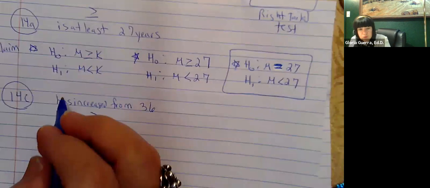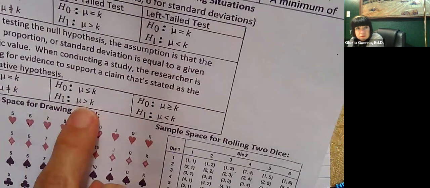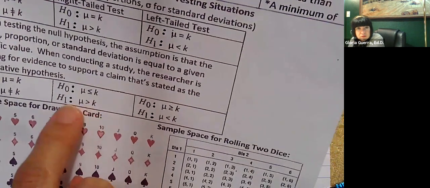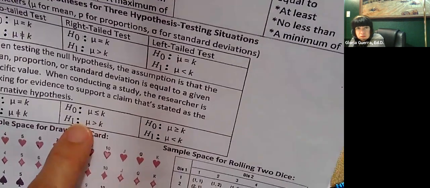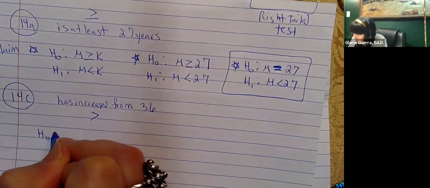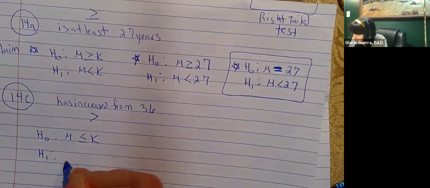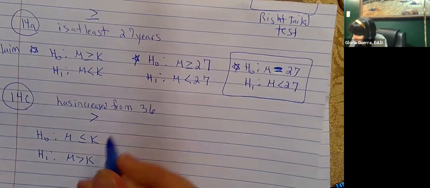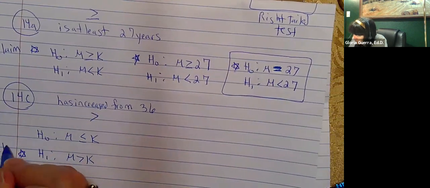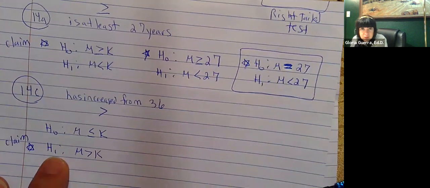And so when I go to this bottom and look for that symbol, see that right there? That's where my claim goes. This is a right tail test. So I have H sub 0 mu less than or equal to K, H sub 1 mu greater than K, and my claim goes on the alternative right there, which used to be H sub a for alternative.